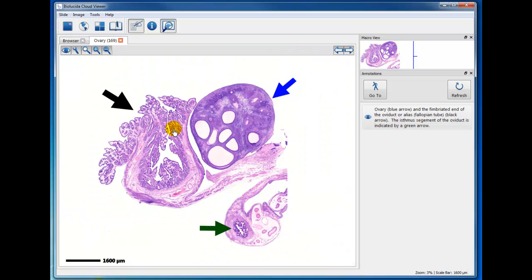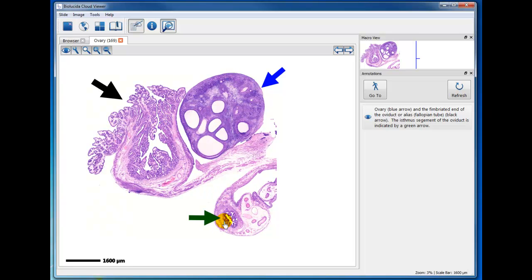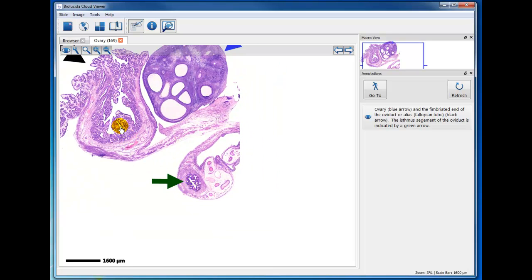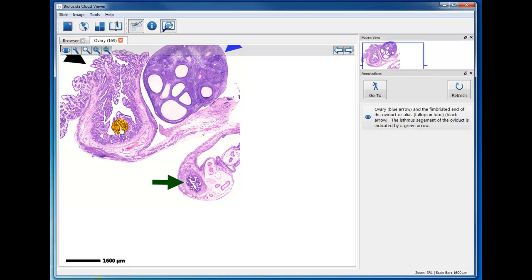And so the oviduct is a tubular structure for the most part, but expands at the end, as I just said, in the fimbriated end.